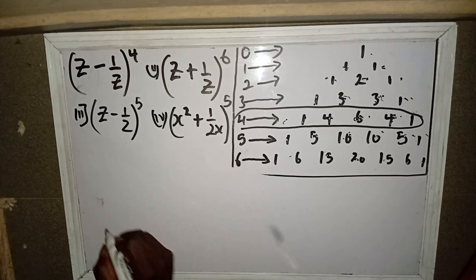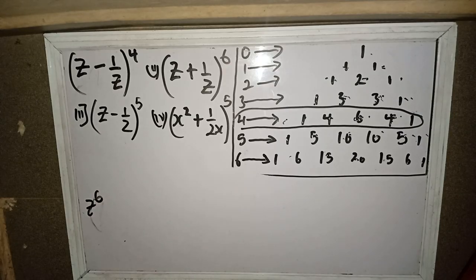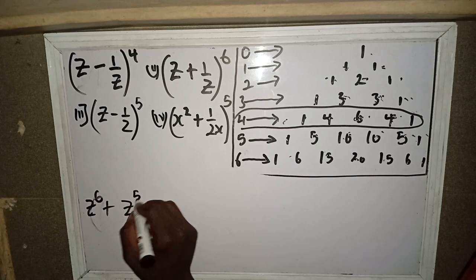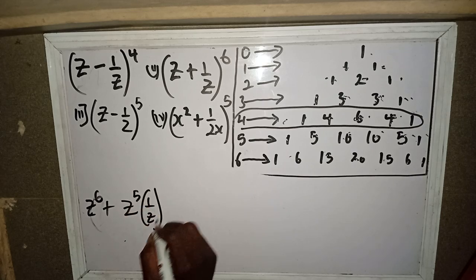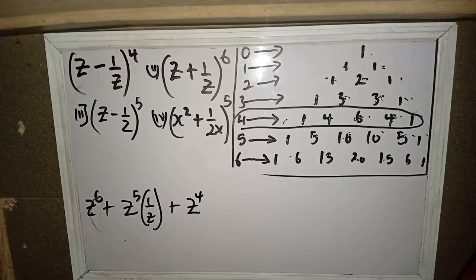So now number 2. Let's do this one: (z + 1/z)^6. So z will carry power of 6, plus z reduces by 1, then 1 over z, plus z reduces by 2. Oh, sorry, I did not finish, did I? Okay, wait.